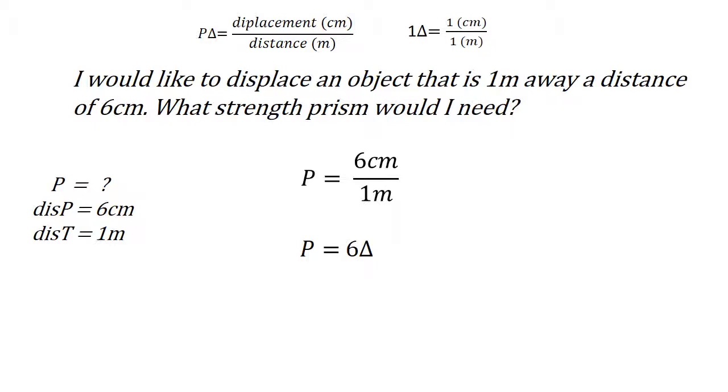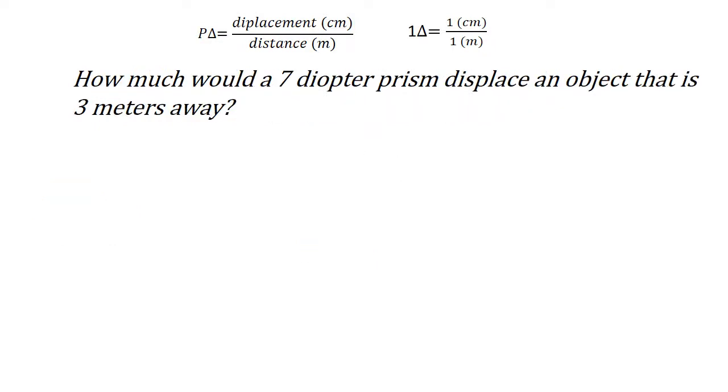Okay, we'll just do one more. How much would a 7 diopter prism displace an object that is 3 meters away? All right, what do we know and what don't we know? We know that the prism power is 7 prism diopters. We know that the distance away is 3 meters, and we need to know the displacement.